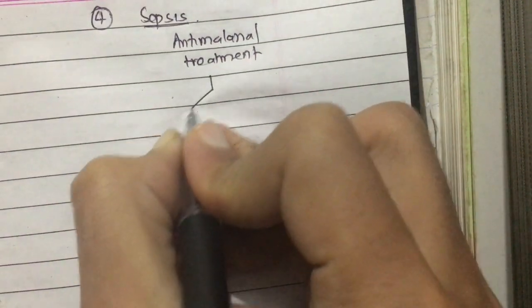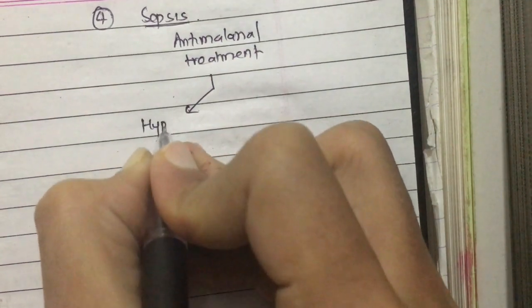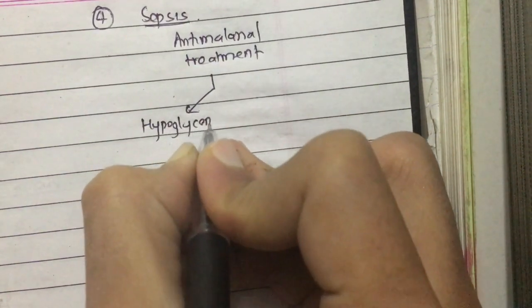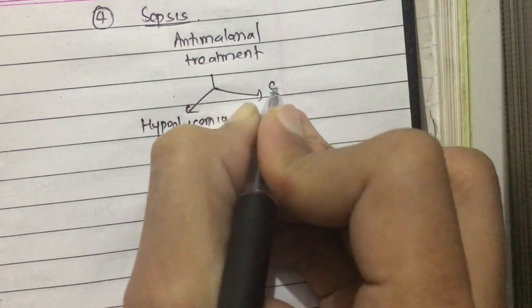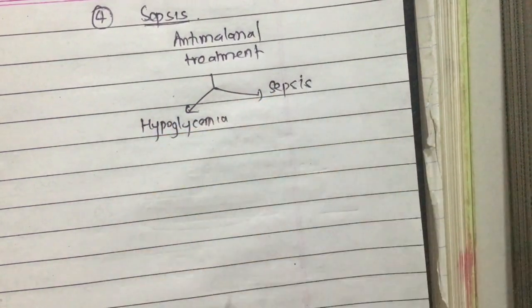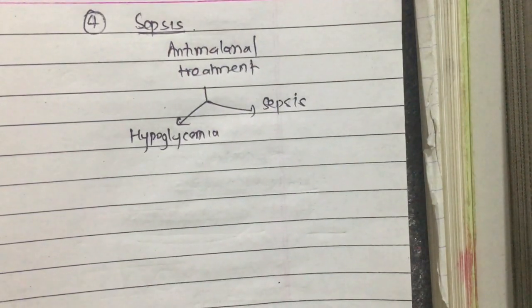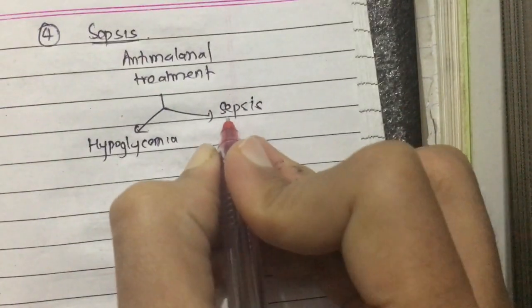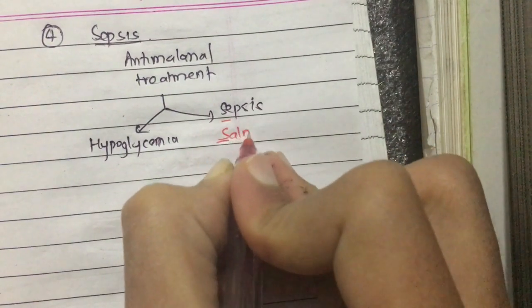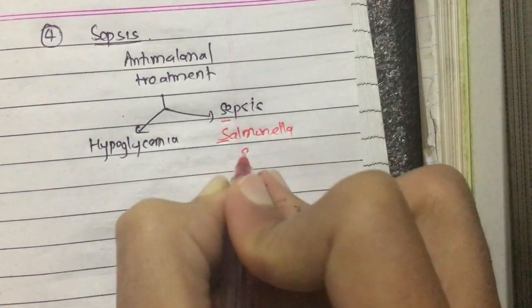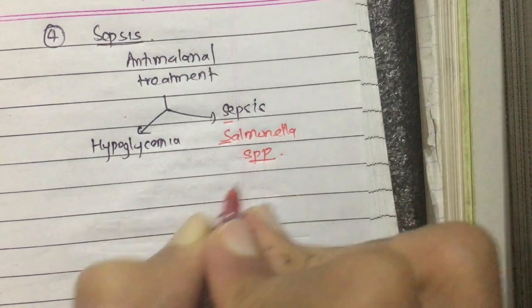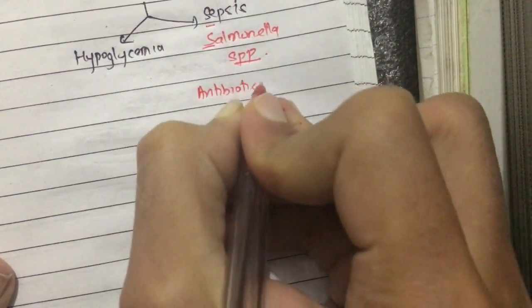One is hypoglycemia, the second is sepsis. We have already discussed that sepsis in the case of malaria is caused mainly by Salmonella species, and the antibiotics covering these species should be used.